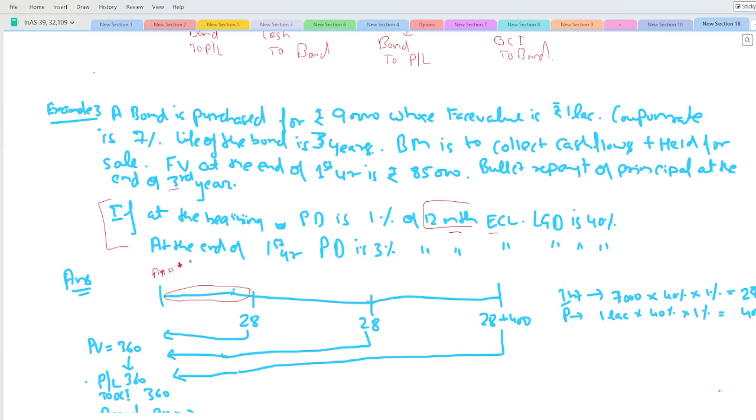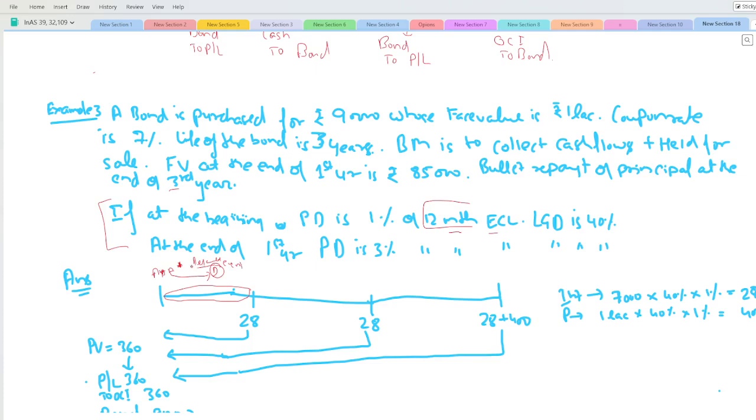But here I am taking a default rating. What is the chance that by the end of the first year, the issuer's bond rating goes down from triple A plus to D? This is the default event I'm saying. You also need to define what your default event is.